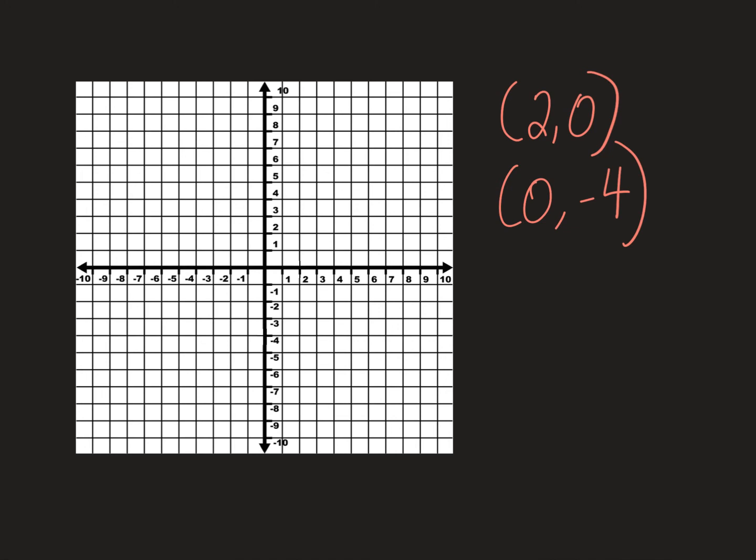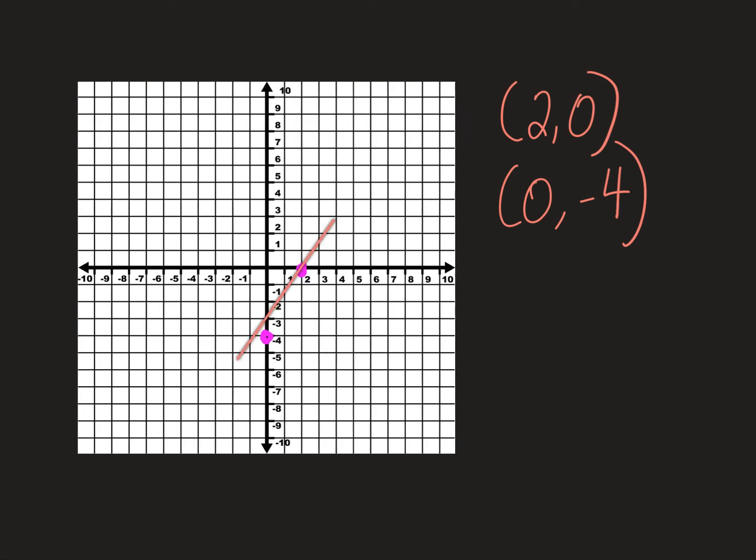So, 2, 0, which is right here, 0 on the x-axis, so that means I'm going up and down to -4. Okay, and then I'm going to... no, not that. Oh, I see the difference. Okay, see, I can get a straight line, but sometimes it's hard to. There we go. That's more like it.